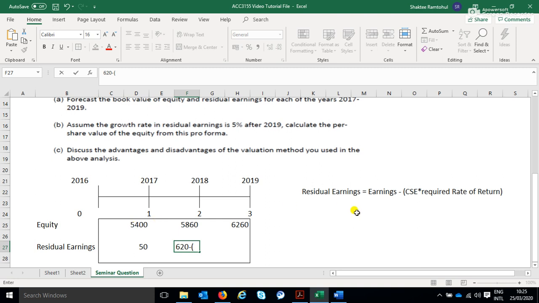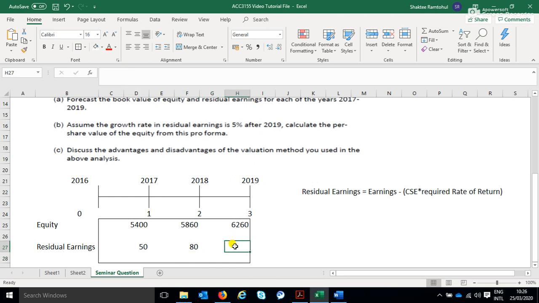So in 2018, we were expecting 10% of the equity figure that was reinvested at the beginning of 2018, which is 5,400. That comes to 80. So residual earnings in 2018 comes to 80.